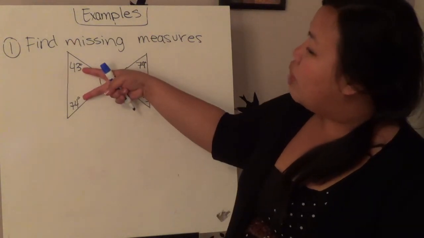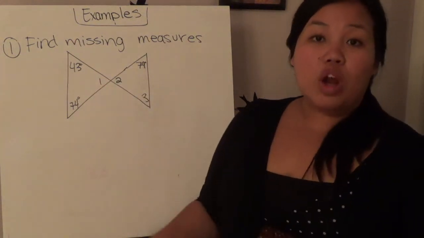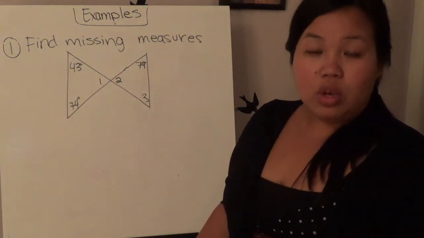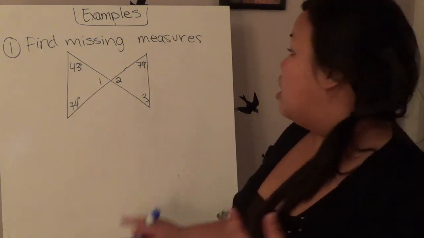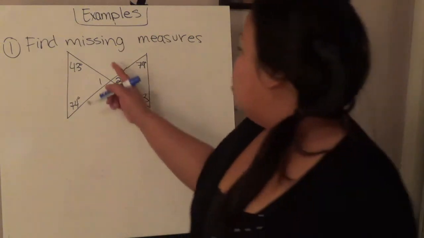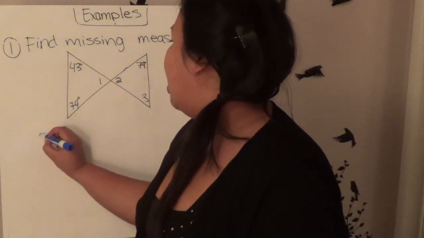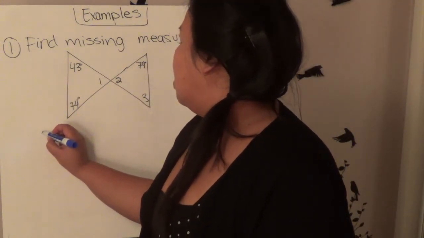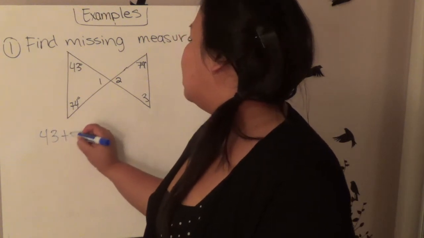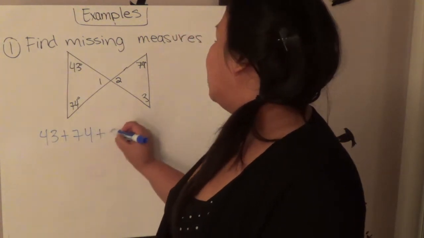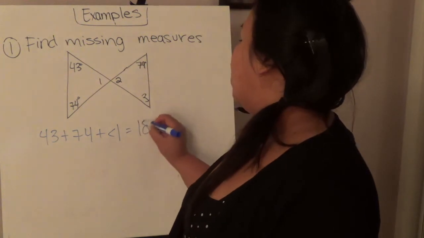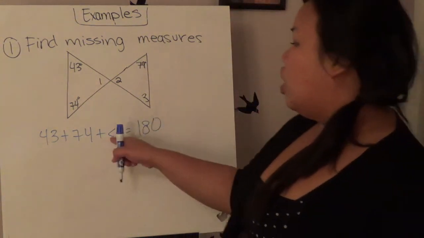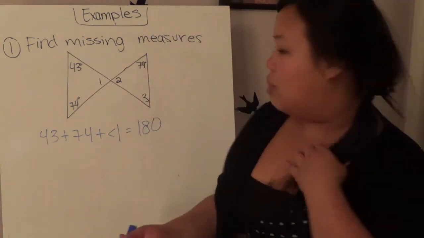Because they gave me two angles, I can find the third one because I know that all angles in a triangle equal what? We just learned that the angle sum states that all angles equal 180. So in this triangle, 43 plus 74 plus angle 1 equals what? 180 degrees. Then I just solve for angle 1. Angle 1 is our missing measure.